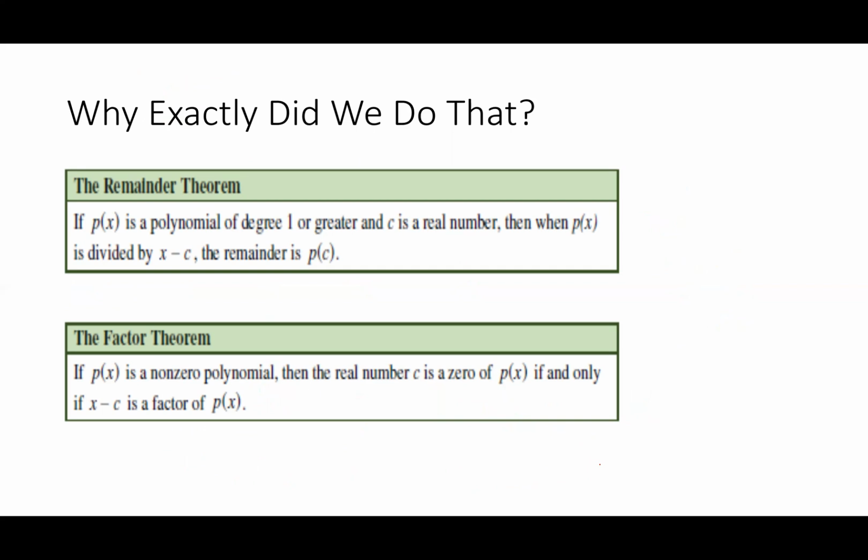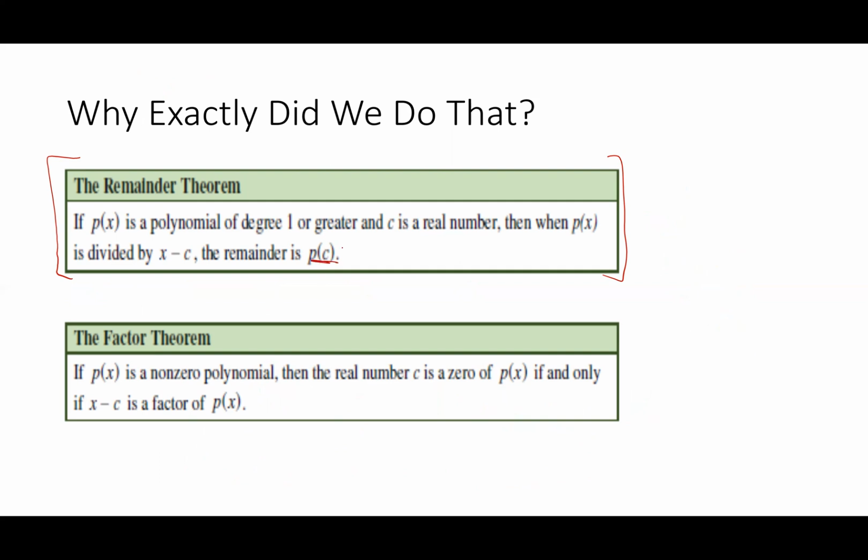There are 2 things to keep in mind that this lesson is built around. The first of which is the remainder theorem. The idea here is if I have some polynomial of degree 1 or greater, and c is a real number, if I were to take p of x and divide it by x minus c, whatever that remainder is is p of c.